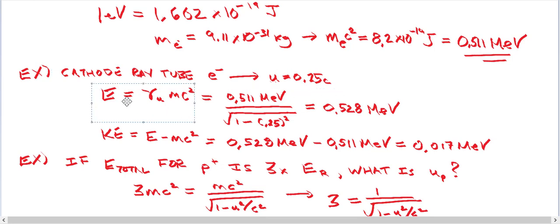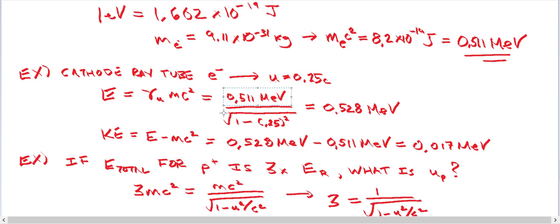And so the total energy of that electron is going to be the rest energy over the square root of 1 minus u squared over c squared.